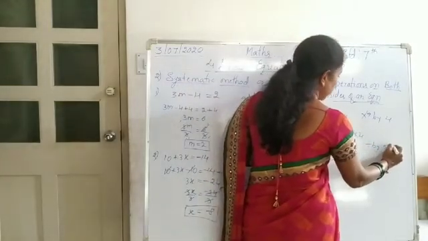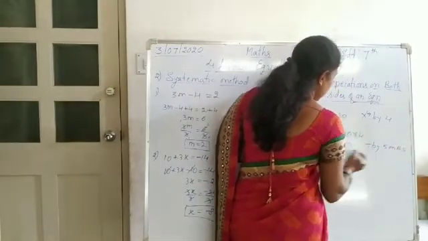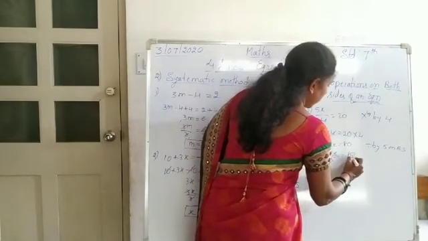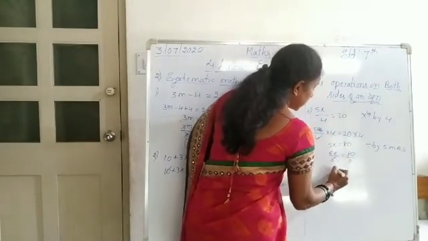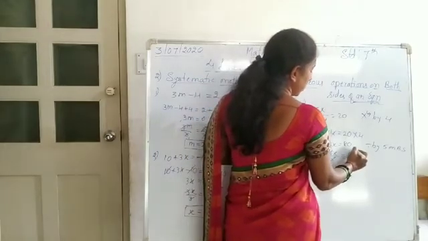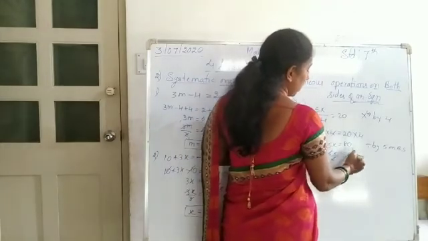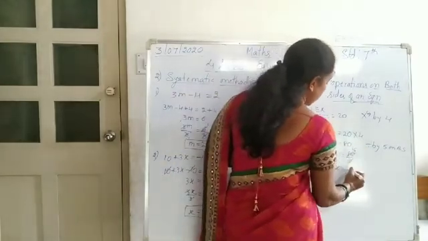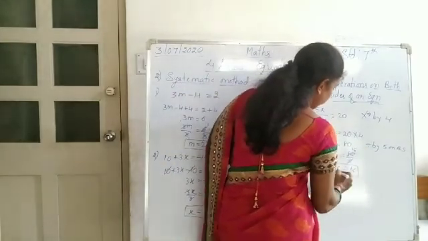Divide by 5 on both the sides. So 5x by 5 is equal to 80 by 5. So 5 cancel. X is left. 5 sixteens are 80. So 16 is the answer.